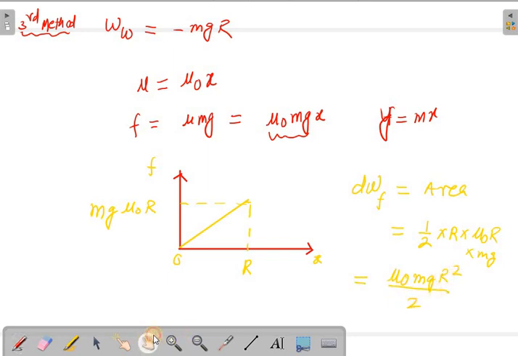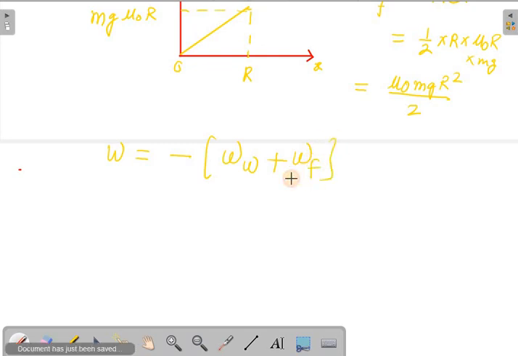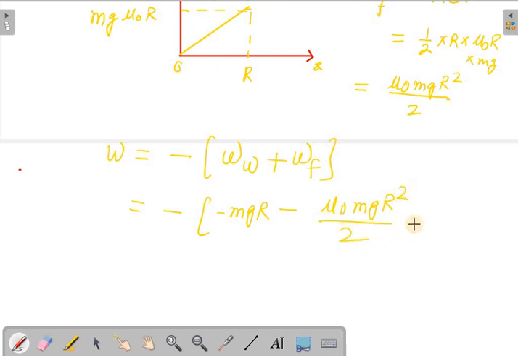Again, the total work done W will be equal to negative of W due to weight plus negative of work done by friction. That is this. So we can write minus of minus mgr plus minus of mu naught mg r square by 2.